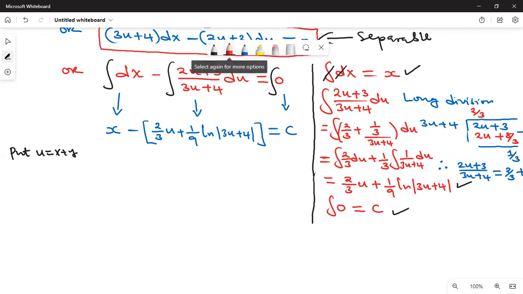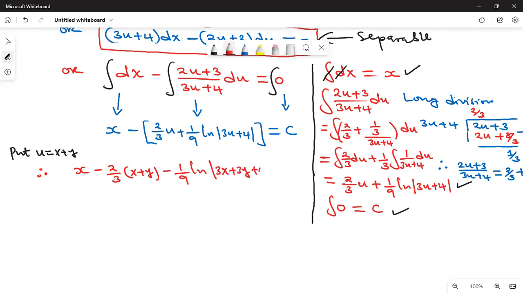So therefore, we now have x minus 2 over 3 into x plus y minus 1 over 9 ln 3x plus 3y plus 4 is equal to a constant c of integration. So what you have found is the general solution of the given ODE, where c is an arbitrary constant.